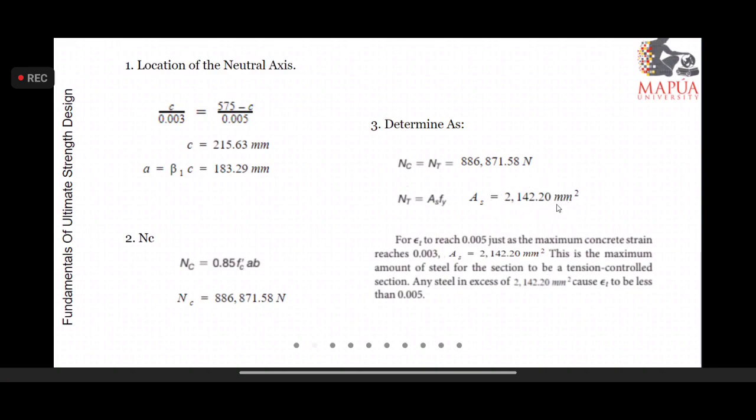This is the maximum amount of steel for the section to be tension controlled. Any steel in excess of this one causes the strain to be less than 0.005. It will no longer be tension controlled. It might be in the transition region or compression control. So this is the threshold for steel reinforcement.